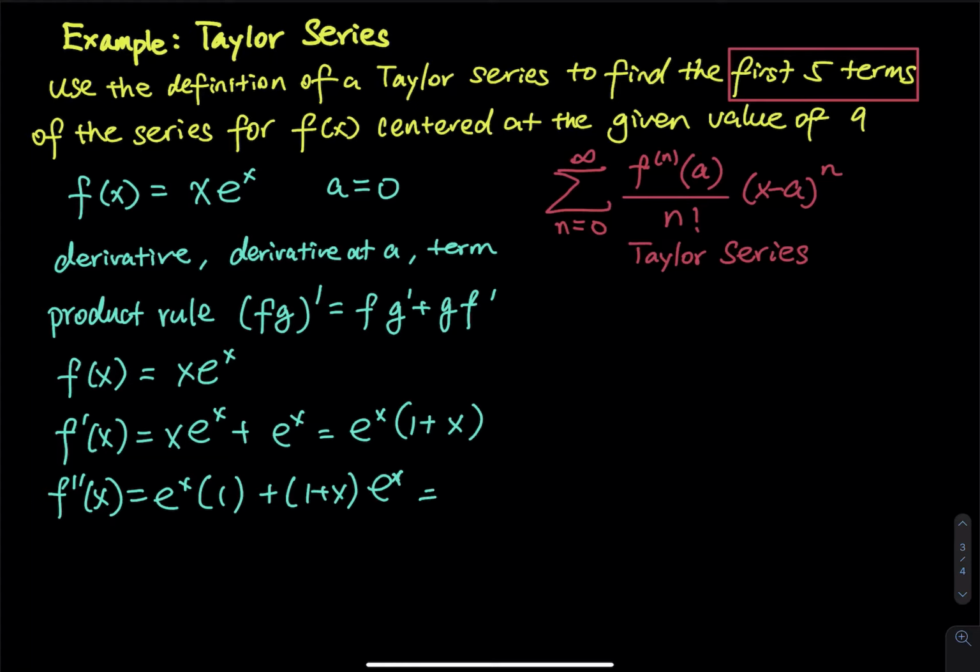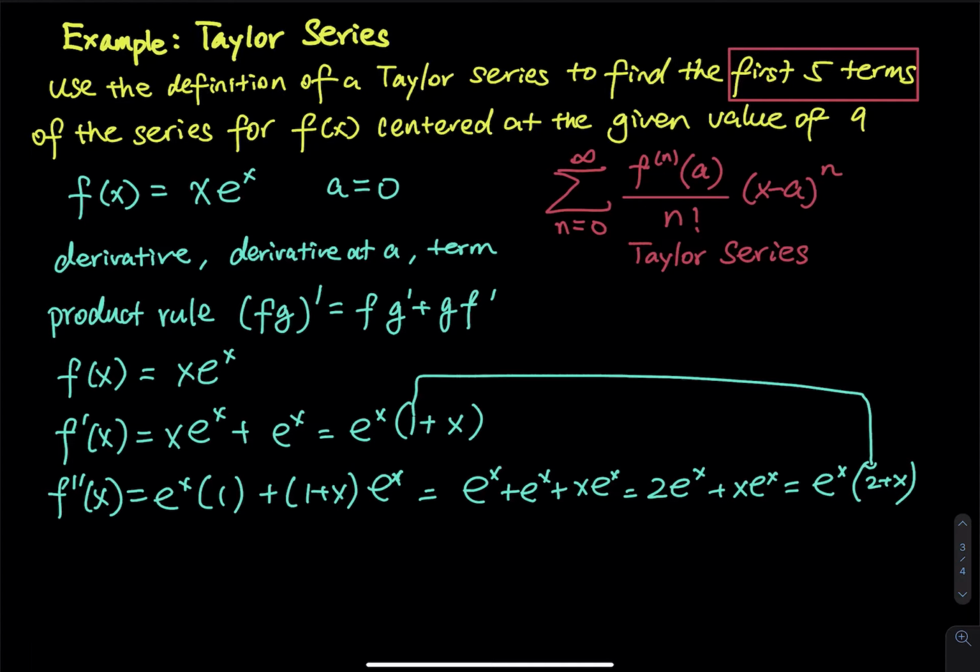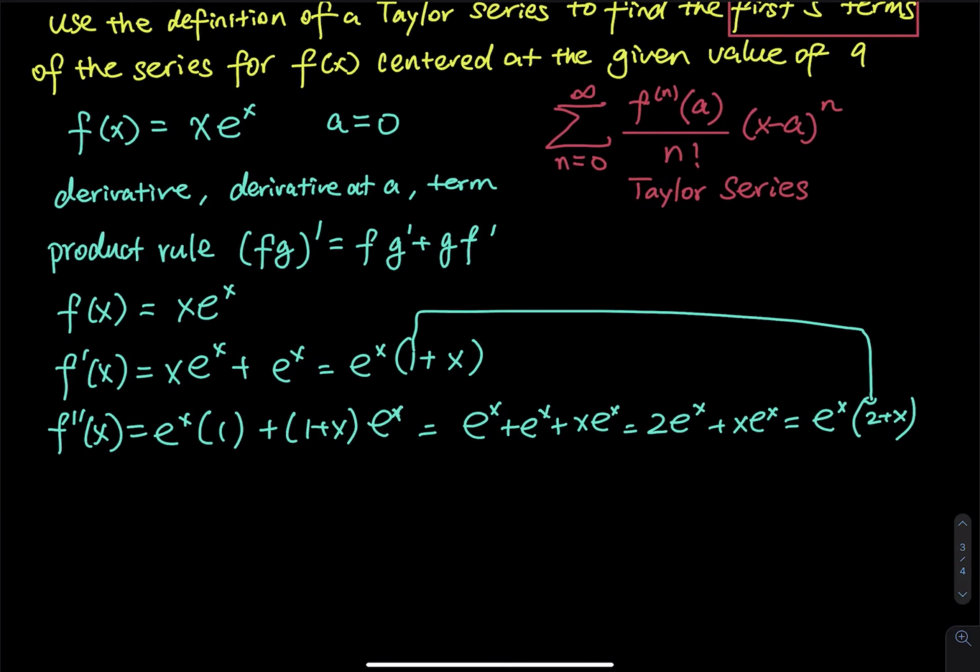Then you open it up: e to the x plus e to the x plus x times e to the x. That is 2e to the x plus x e to the x, and then you factor out the e to the x. Now inside the parenthesis, you have 2 plus x. So you can see a little pattern from 1 plus x to 2 plus x. The next one, I expect to get a 3 plus x. Let's make sure that it's true.